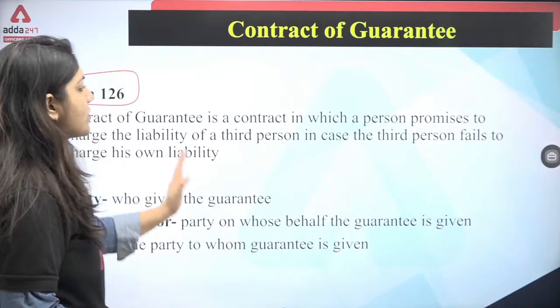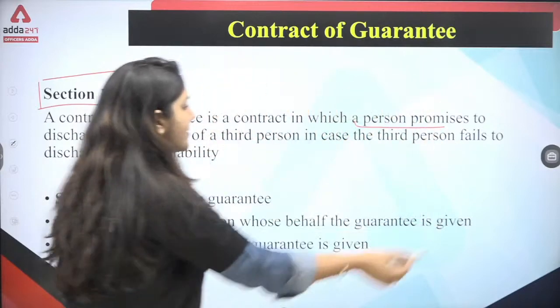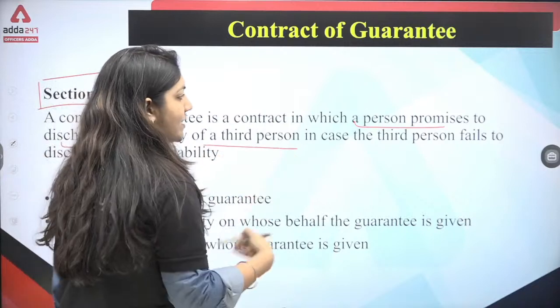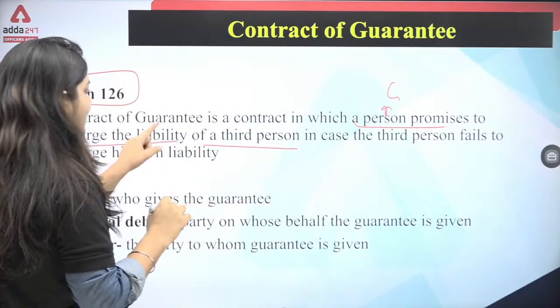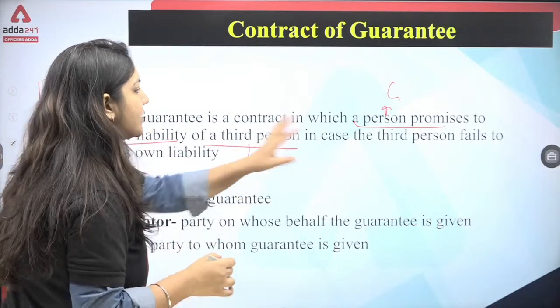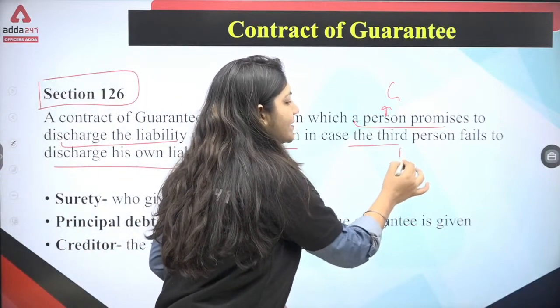The contract of guarantee is a contract in which a person promises to discharge the liability of a third person. The guarantor discharges the liability of the third person, that is the principal debtor, in case the third person fails to discharge his liability.